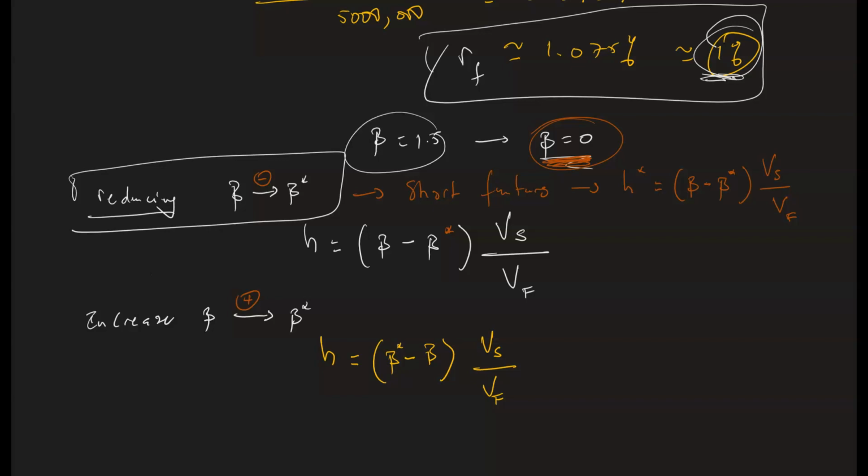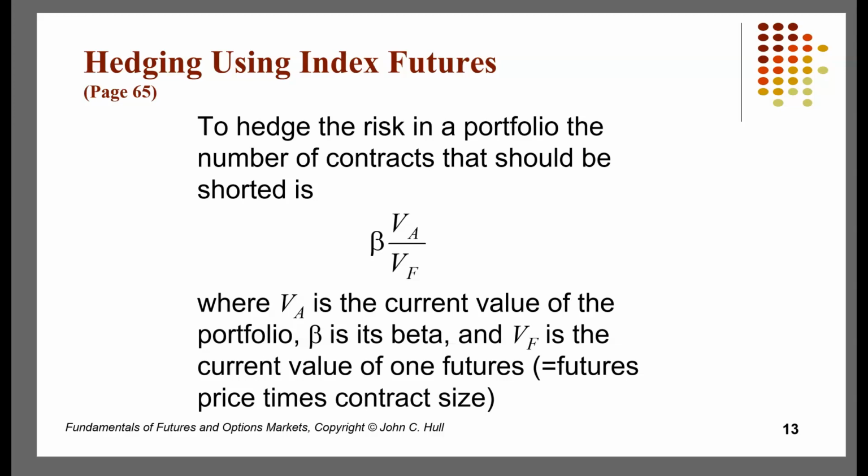Alright, so let's go back to the slides and summarize this. To hedge the risk in a portfolio, the number of contracts that you should short, if we're hedging the risk, we're essentially trying to get rid of the risk. So we're reducing the risk from beta to beta 0 equal to 0.